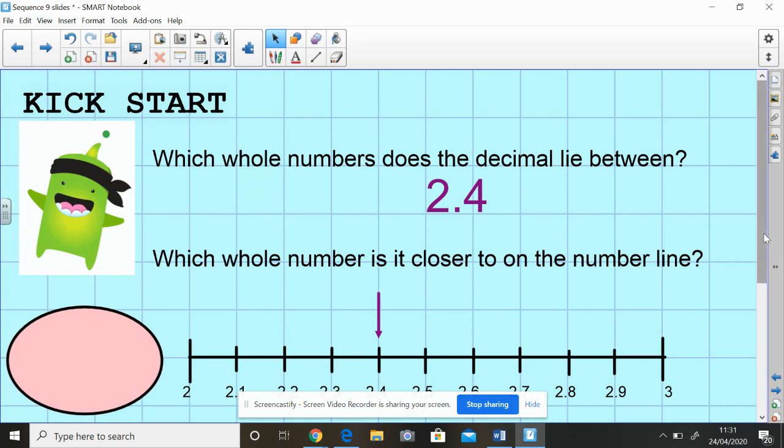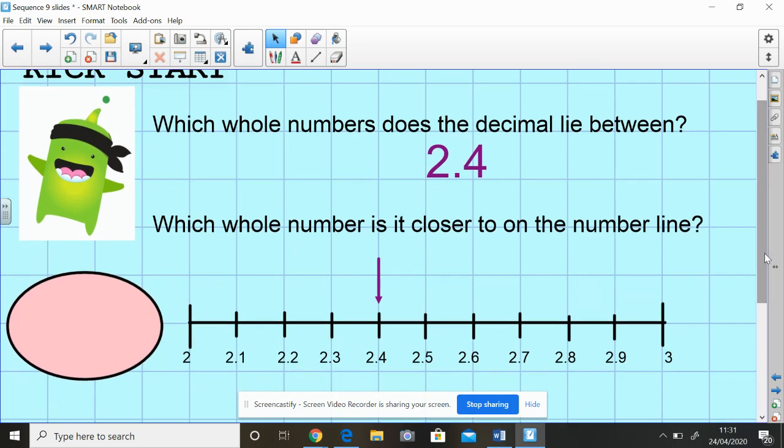Okay, so here's another number, 2.4. First thing we do is think, what two whole numbers does 2.4 lie between? We know that 2.4 lies between the whole number of 2 and the whole number of 3. So that's the first thing I need to do. Then the next thing I do is I look at the tenths column and think, is my number below 5 or is it 5 or above?